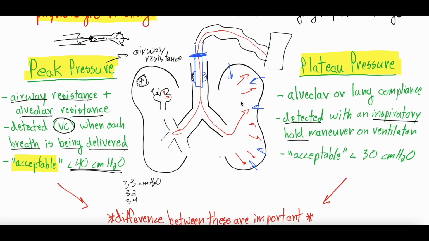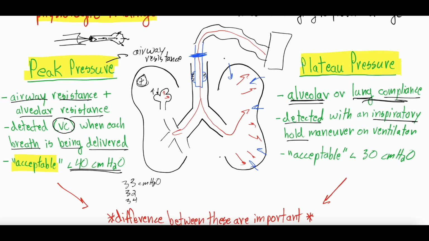It's an inspiratory hold. So as one might assume then, that plateau pressure is more representative of the lung compliance. The compliance being how easy those airways are to kind of distend out and collapse back in. You can also think of it as kind of an alveolar resistance and lung compliance measurement. So if we think about what this is saying, the plateau pressure is actually sort of a part of the peak pressure, right?